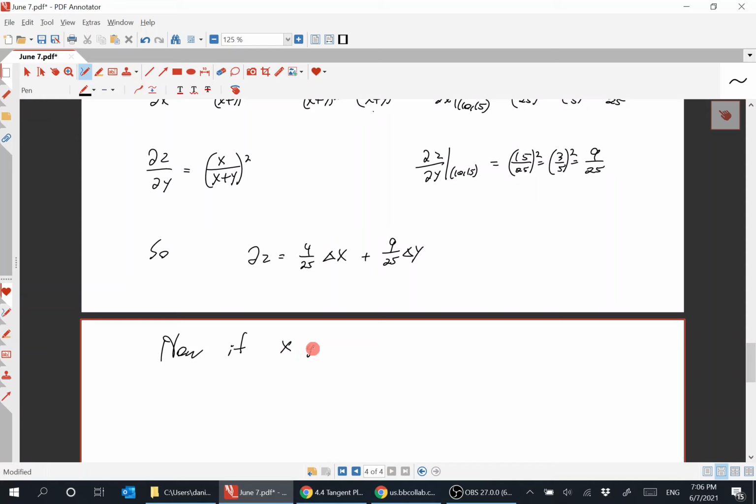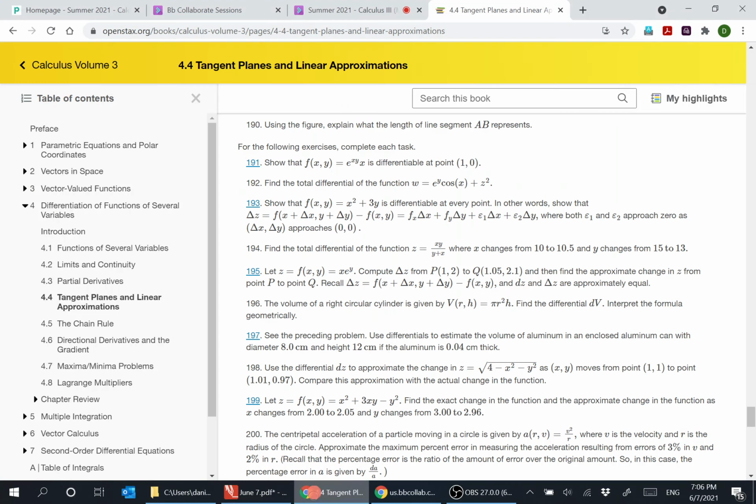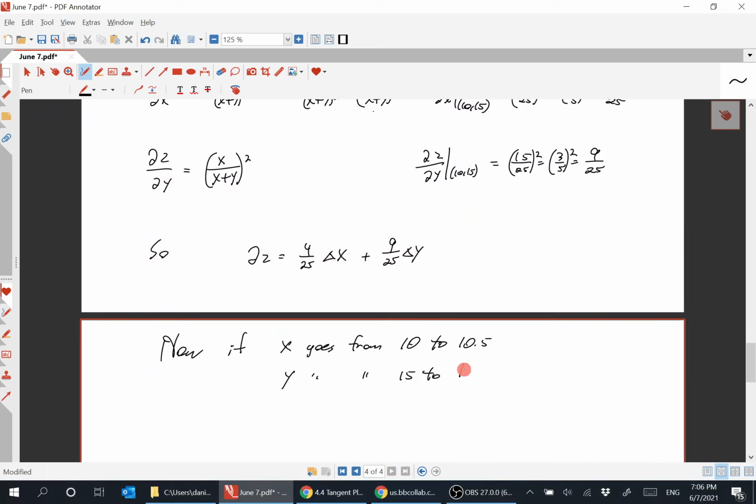If x goes from 10 to 10.5 and y goes from 15 to 13, then delta x is equal to what? How does x change? It goes from 10 to 10.5. So the change in x is what?